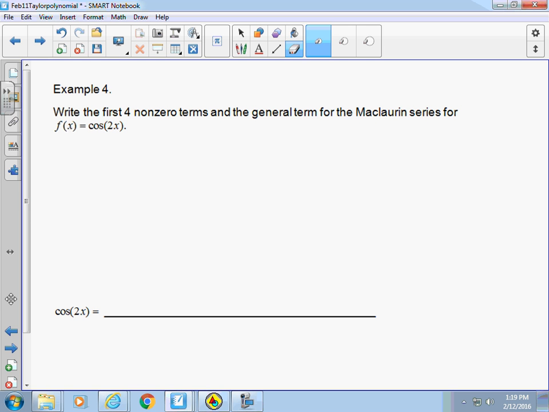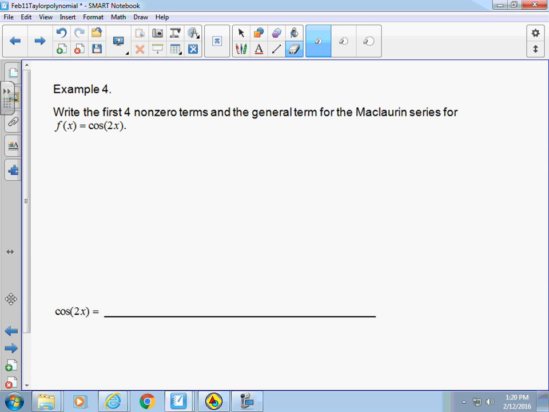Which is why the common Maclaurin series for cosine doesn't have any odd values in it. Now, Claire made an amazing observation the other day when she said, hey, sine's odd, it's all the odd ones, and cosine's even, and it's all the even ones. Could you use that in your memorization of sine and cosine?